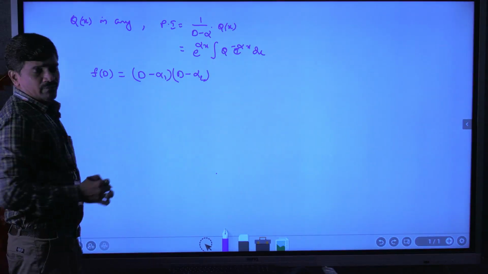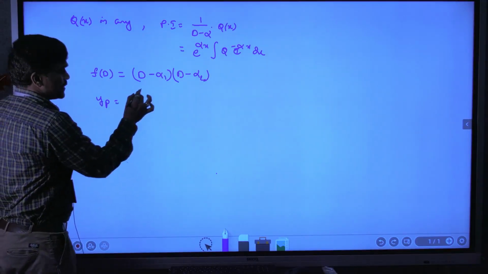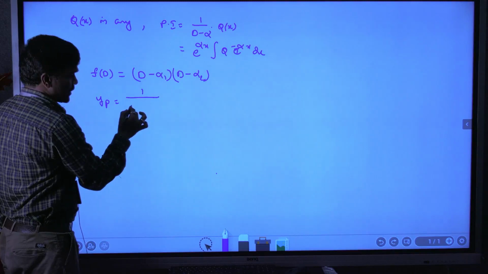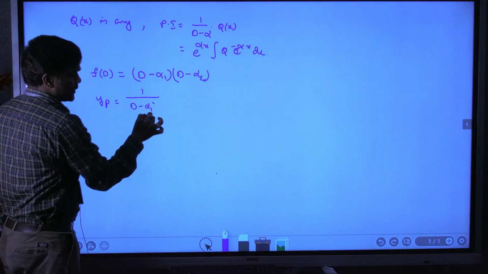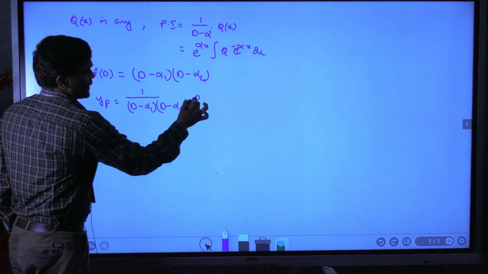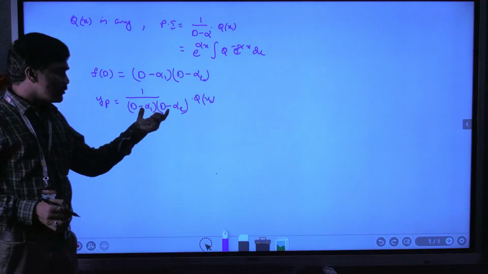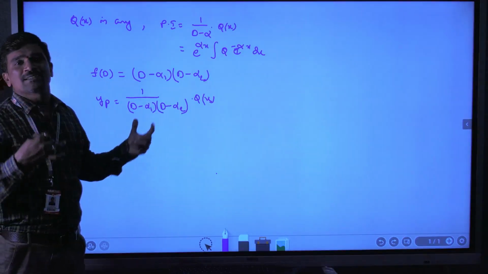Then the particular integral yp is 1 by f of D, first of all written as 1 by D minus alpha 1 into D minus alpha 2 into Q of x. In this case, we have to convert this into partial fractions.